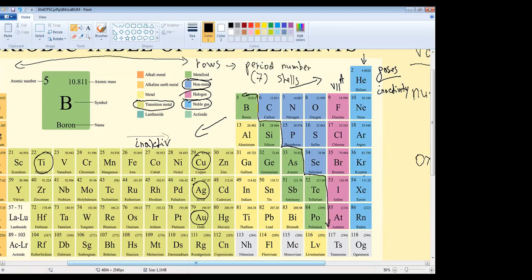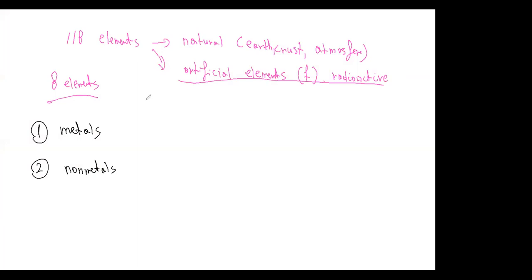I'm going to give some new information about the elements, how they have this position. For example, oxygen, as I said, is in group 6A, and its periodic number is 2.